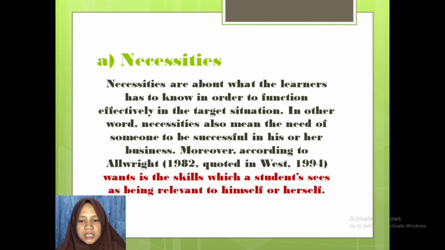Moreover, according to Allwright, 1982, quoted in West, 1994, necessities are the skills which a student sees as being relevant to himself or herself.